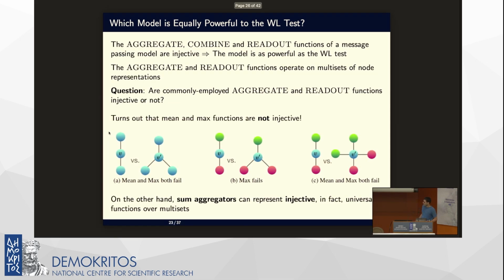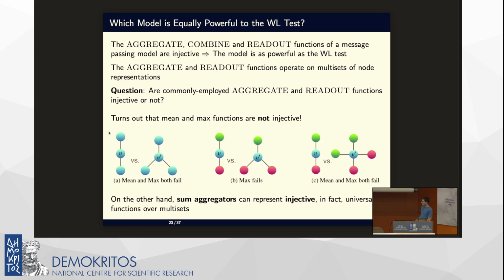It turns out that the mean and max functions are not actually injective. And these are some counterexamples that show that these functions fail to learn injective representations over multisets. But on the other hand, the sum function can represent injective functions over multisets in case the input domain is countable.